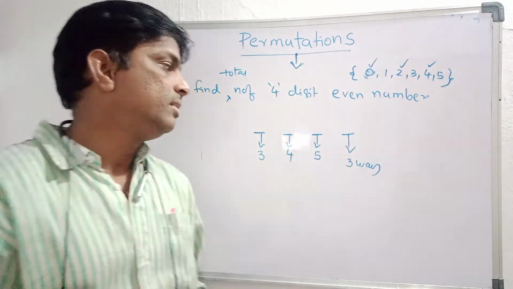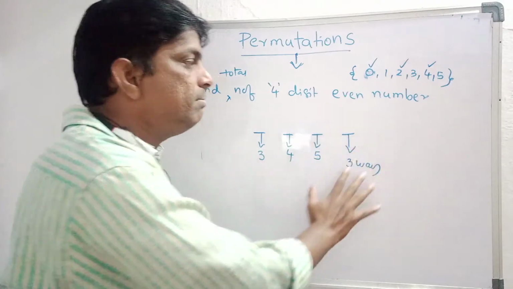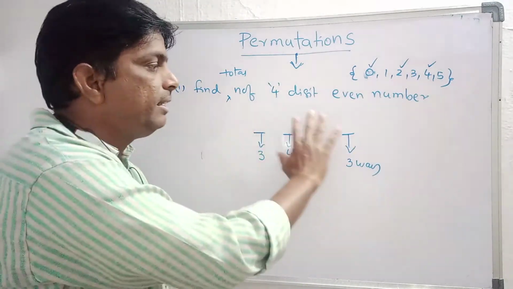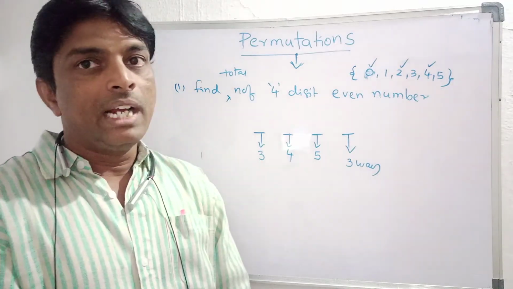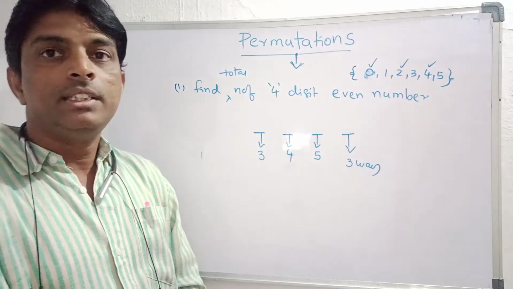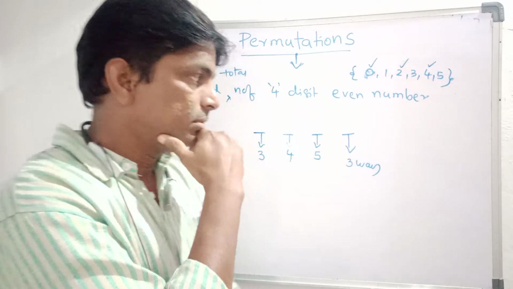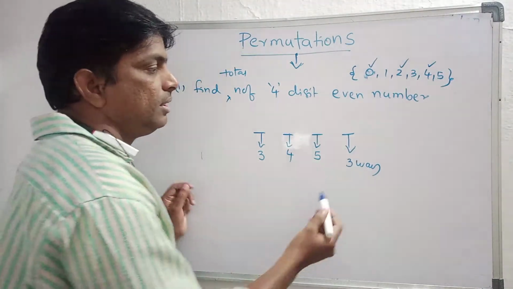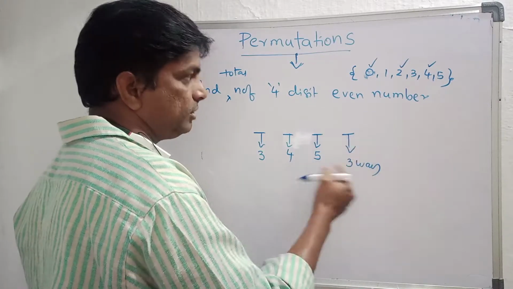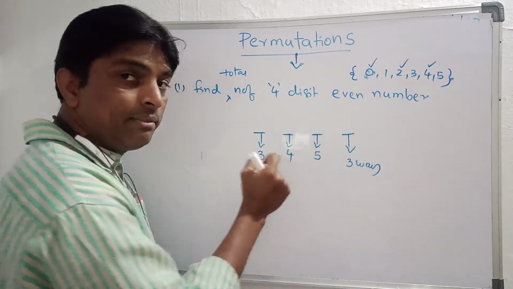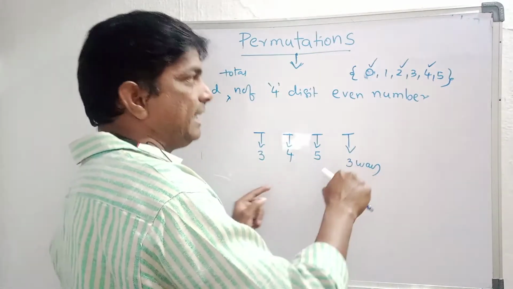Now once you see here, in this arrangement, there is a possibility that some of the arrangements can start with this 0. Okay, because now here I'm writing one arrangement of this category.